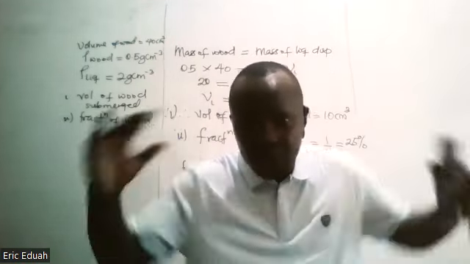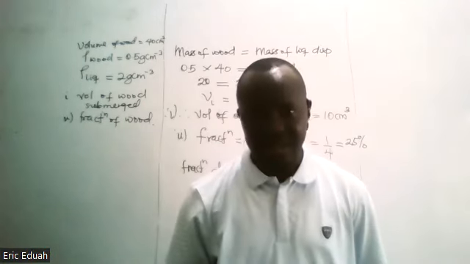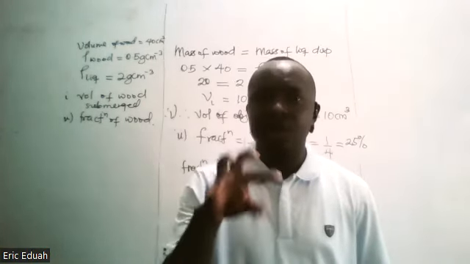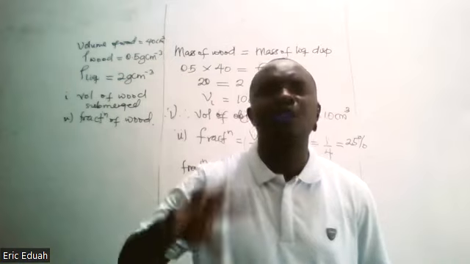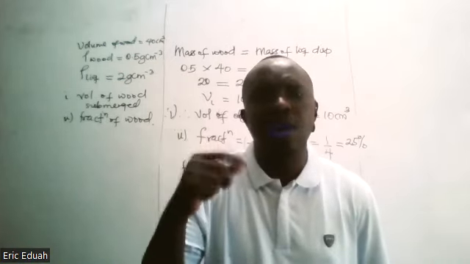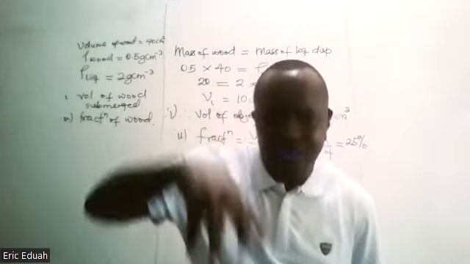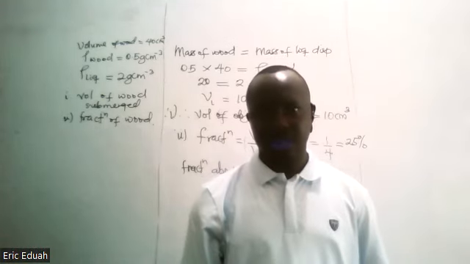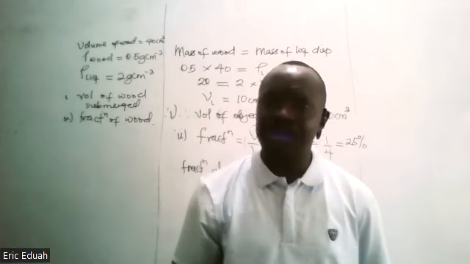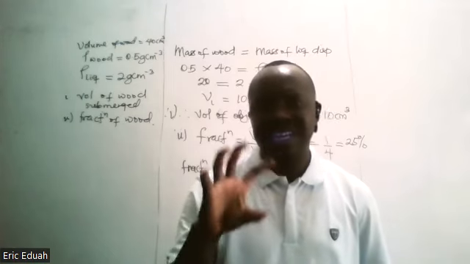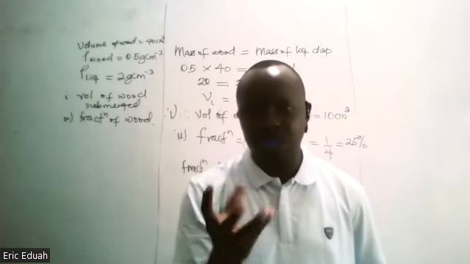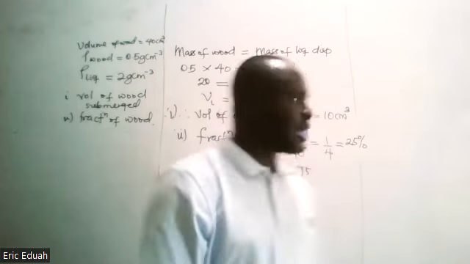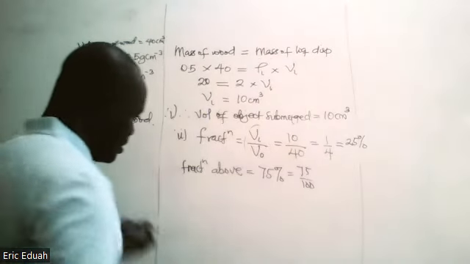We have a huge chunk down there. When you have an iceberg, we have more than 90% always submerged within the liquid. And so if you are to calculate the volume of the ice submerged in the water, this is what you use.